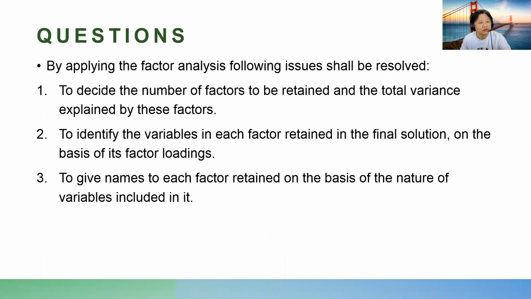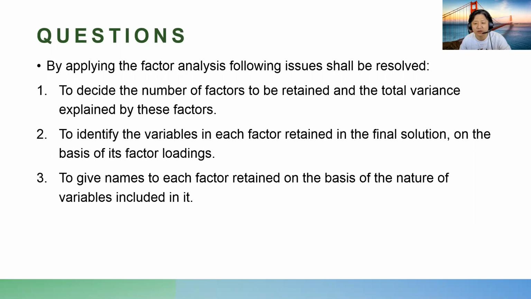First, we can decide the number of factors to be retained. We have 12 items and we want to reduce the dimensionality, so how many factors are ideal? What would be the total variance explained by these factors? Second, we can identify the variables in each factor retained in the final solution on the basis of factor loading.